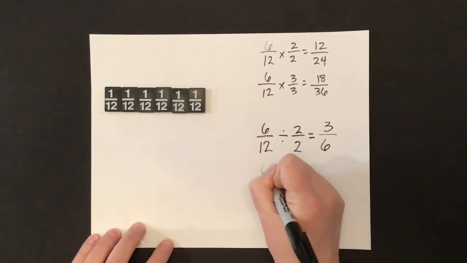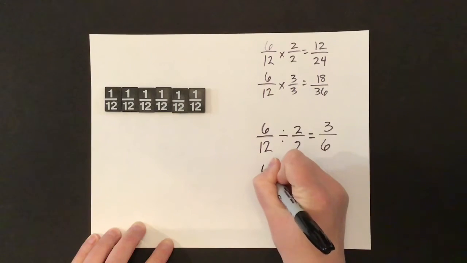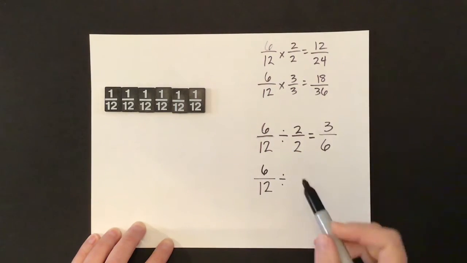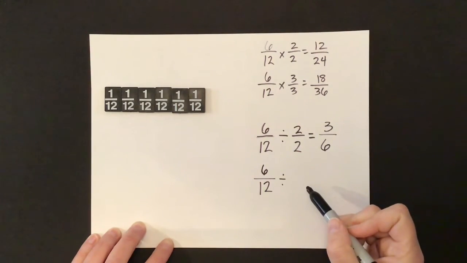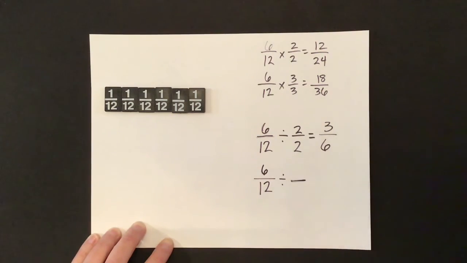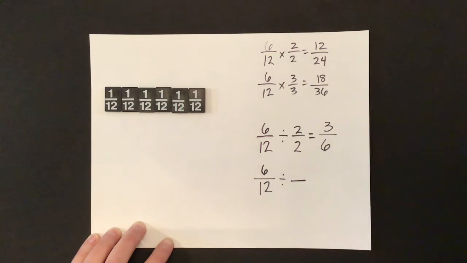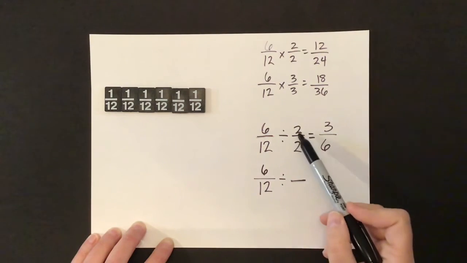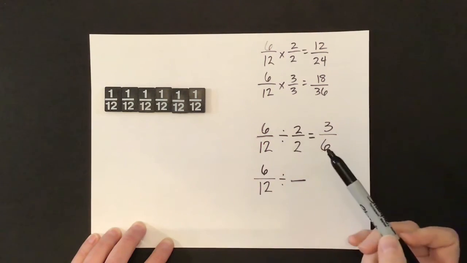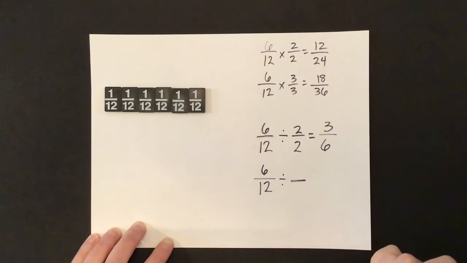With the amount of 6/12, we actually can divide by a couple more options. With multiplication, we could multiply by any fraction amount that was equal to a whole. With division, it has to be equal to a whole, but the numbers also have to be able to divide.